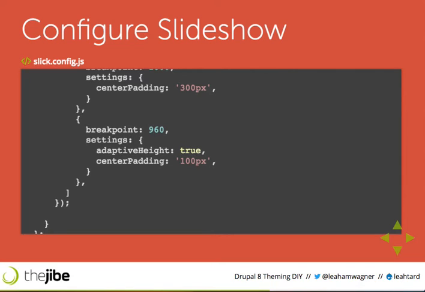So now that we have our theme library pulling in all of the essential assets for Slick, we have it pulling in our configuration, we have our markup rendering to the page, but nothing's happening at this point still. Our code at this point would still be rendering just a list of videos.